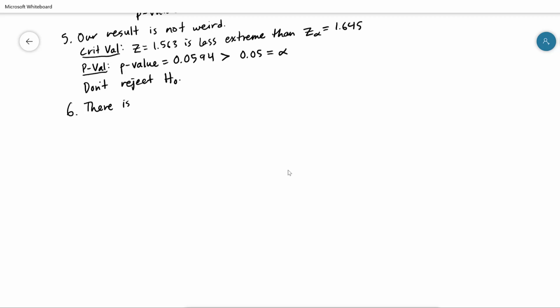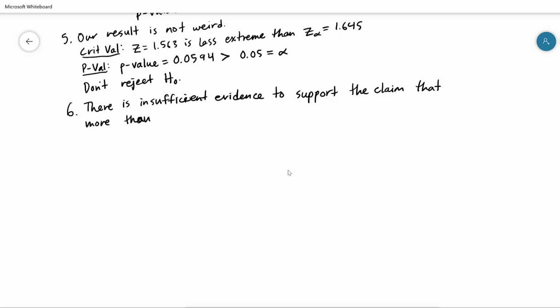There is insufficient evidence to support the claim that more than 65% of Toyota owners would recommend it to a friend.